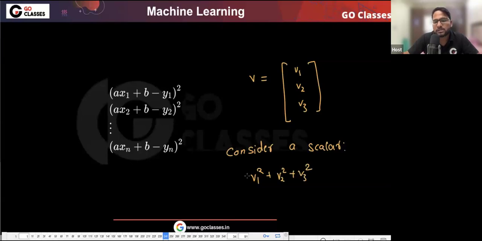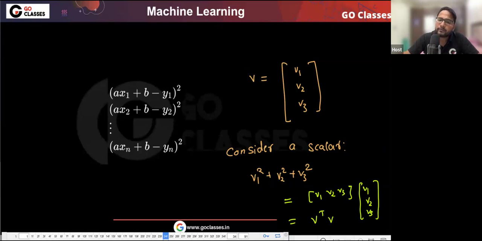Suppose this is the scalar that we have. If I ask you how you can rewrite this scalar in terms of the vector, can you not write it like this? This is v1, v2, v3, and this is v1, v2, v3, right? So actually, you can write v transpose v.